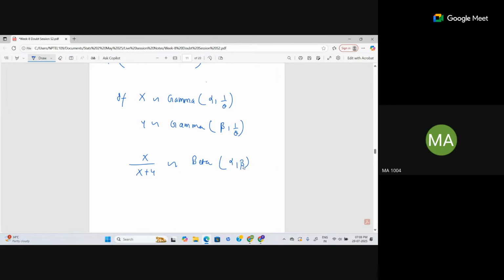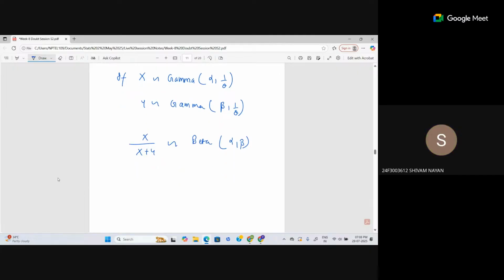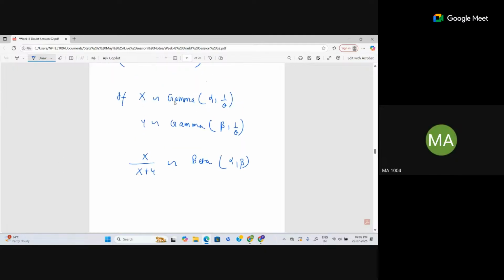Ma'am, for beta distribution the parameters are alpha comma beta, and for gamma also? These are just notation. For gamma also alpha and beta are there, but the values will be different. That doesn't affect.